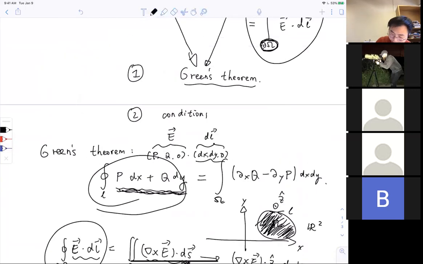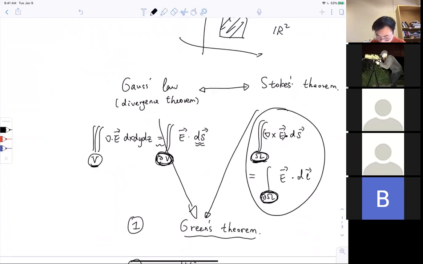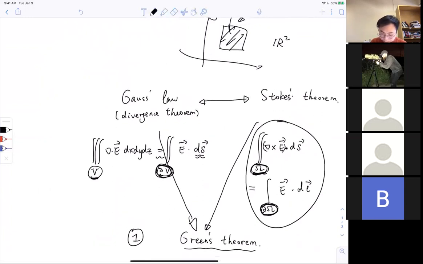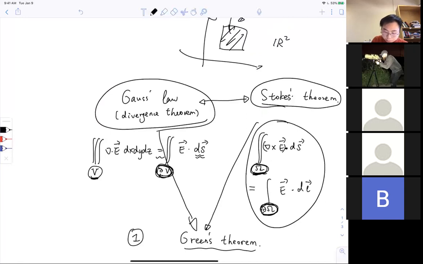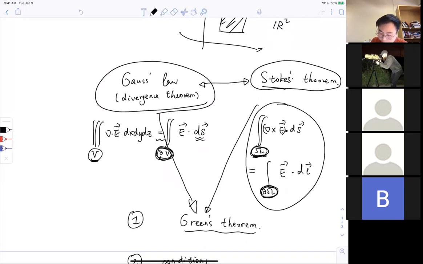Here, I just want to make it clear that those theorems are well related. Stokes theorem is kind of similar to Gauss theorem. They're actually the same, but at this level, it's difficult to say they're the same.